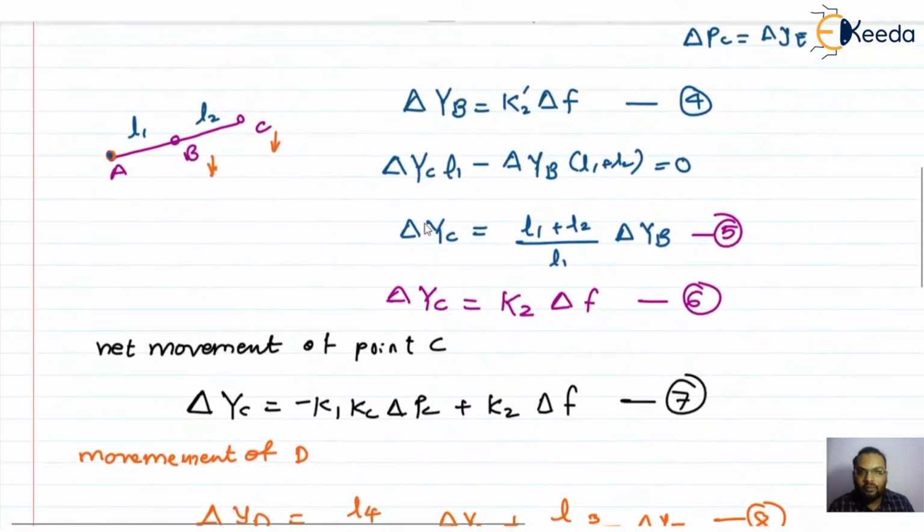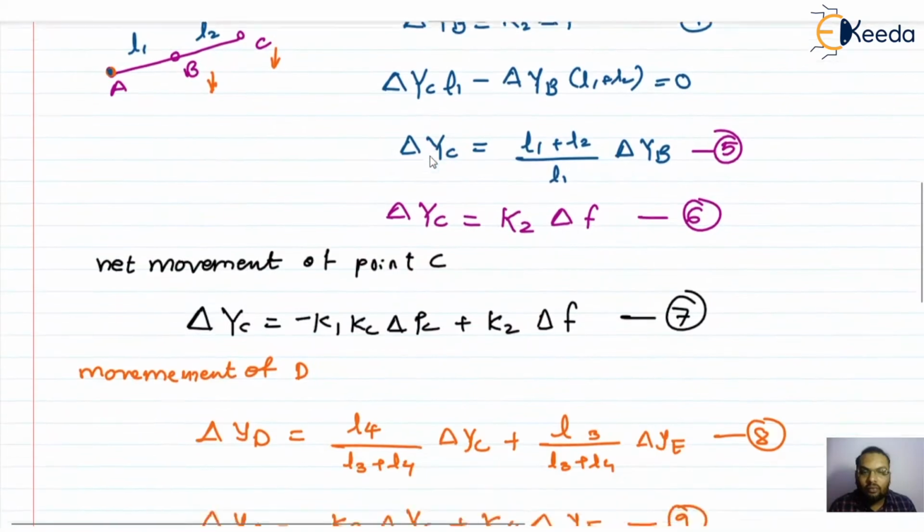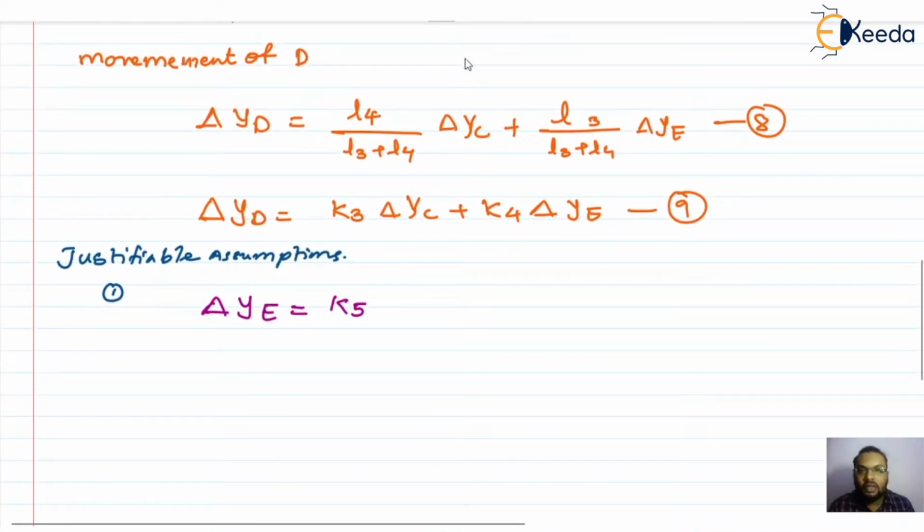The point E will move upward or downward in proportion to this pilot valve opening time. So to get that we have to use integration, the time integral, because it depends on the valve opening time, so we can model it mathematically with the help of time integration.